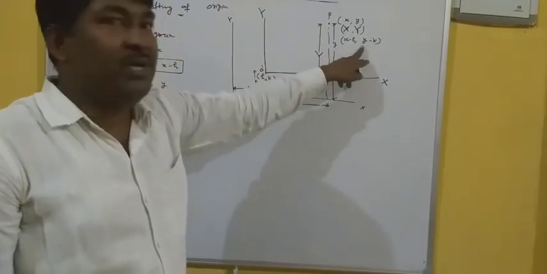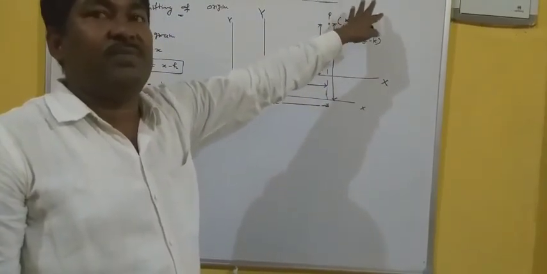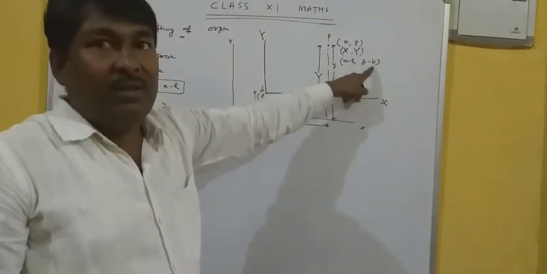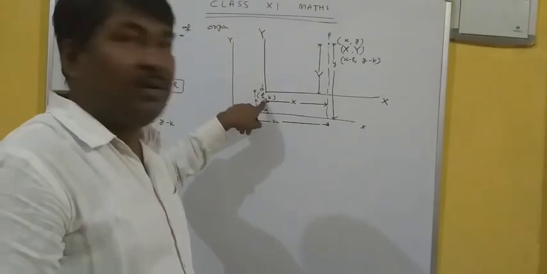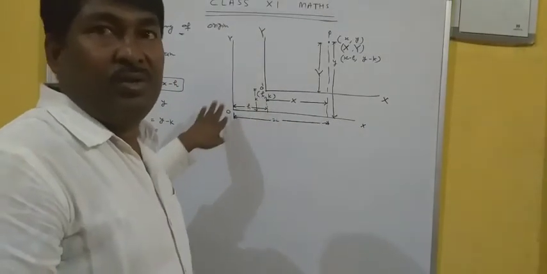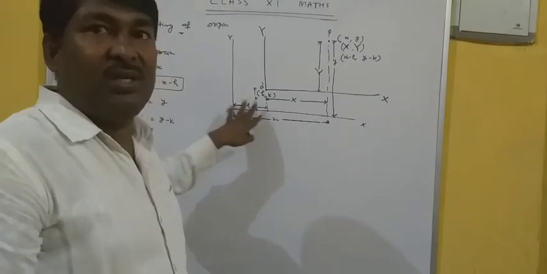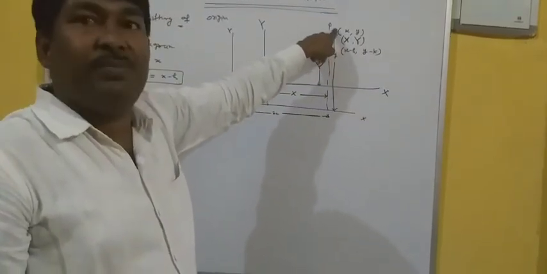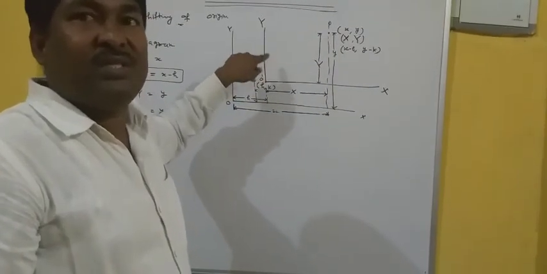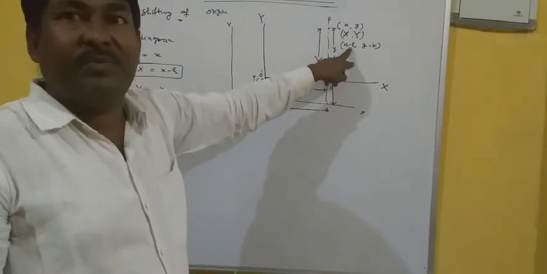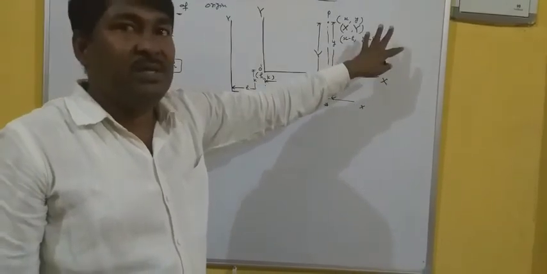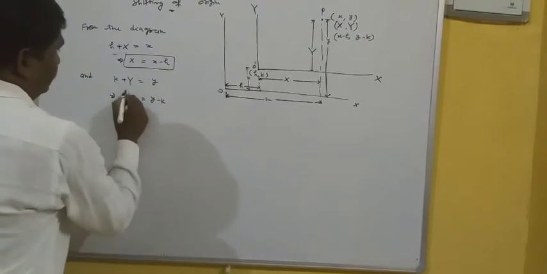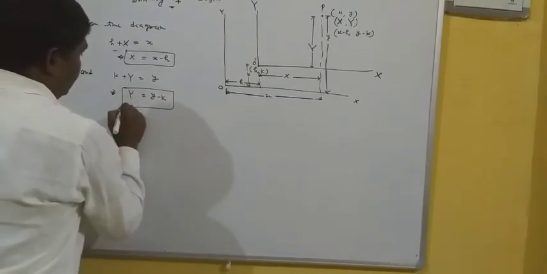Small x and small y are the initial coordinates of the given point, and small h and small k are the coordinates of the point where the initial origin is shifted. So this is the shifting of origin.